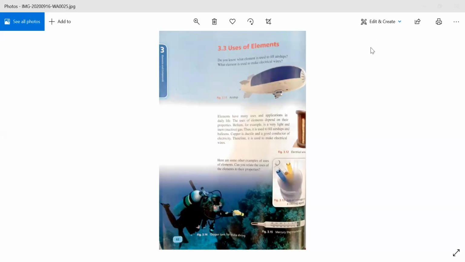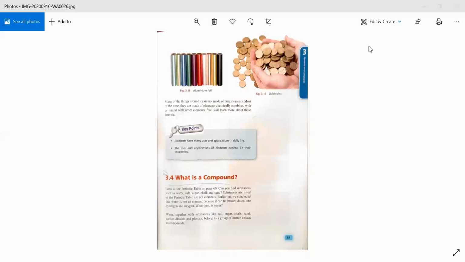So we need the oxygen element for that. And in figure 3.15, mercury thermometer. So basically mercury thermometer is made of which element? Mercury. Okay, so I hope page number 62 is clear to you all.